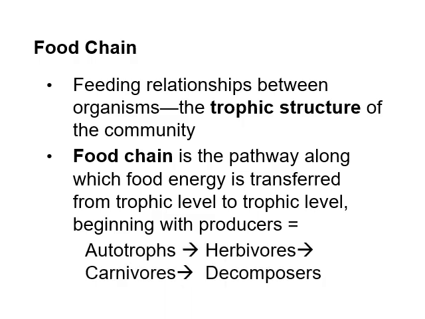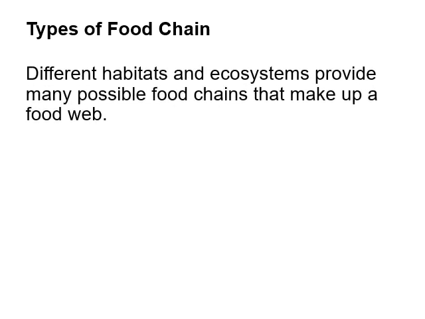Okay, usually kita start pada autotroph, lepas tu kita pergi ke herbivore, carnivore, and then biasanya ujungnya adalah decomposers. Okay, so there are a few types of food chain. Okay, different habitats and ecosystem akan provide many possible food chains that make up a food web. Kan, a combination of several food chains will build a food web.